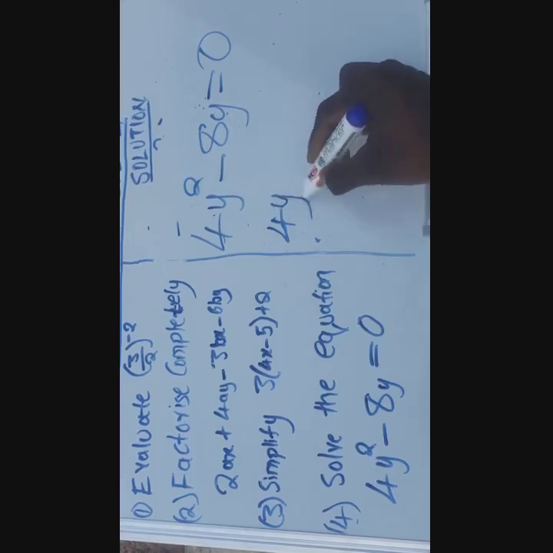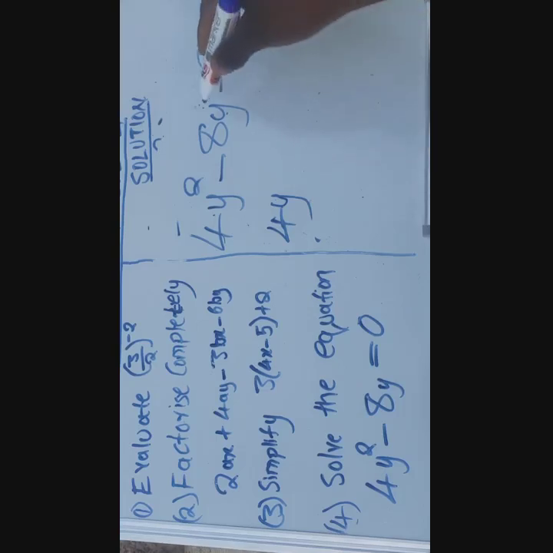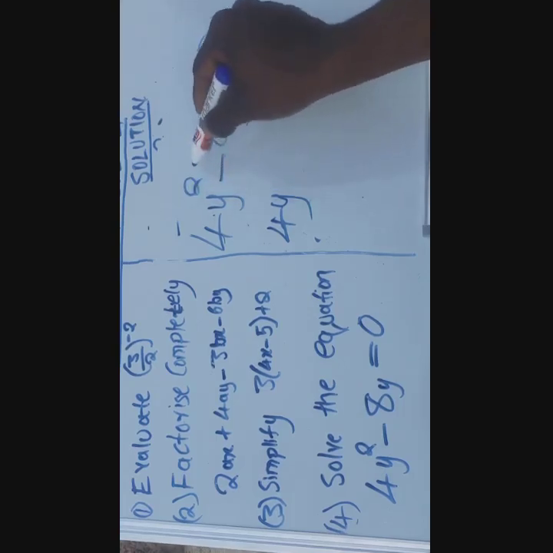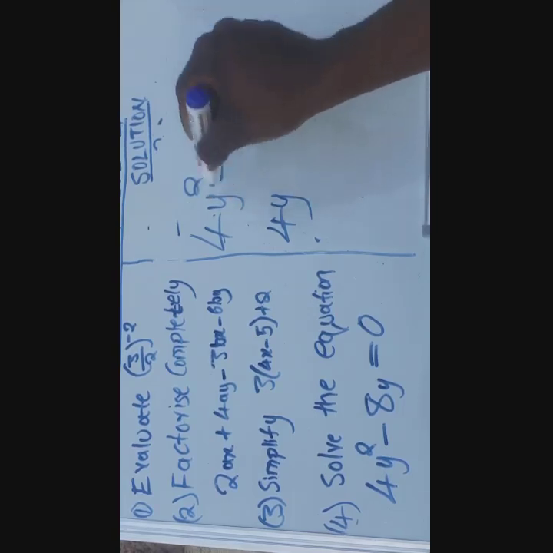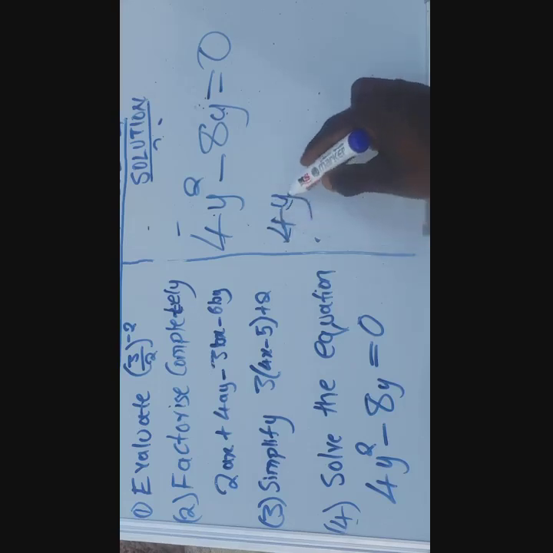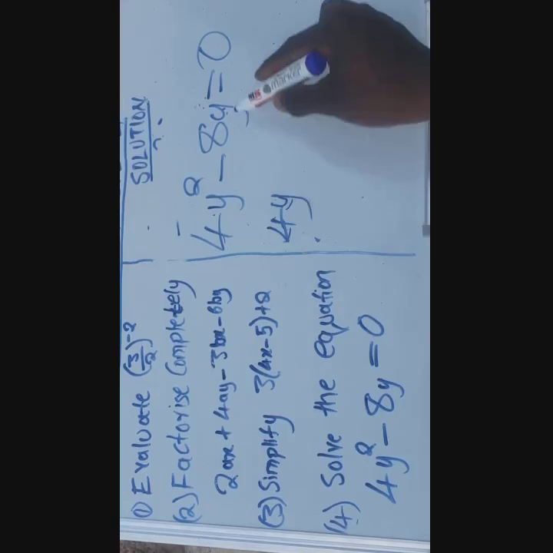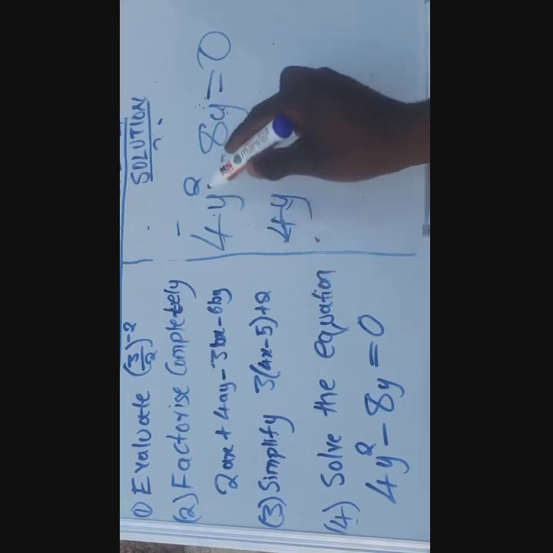Here you can't write y squared, because here we only have y, meaning the one which is common is y and not y squared. So we are going to have 4y, and 4y is what is common in this equation, both here and here.